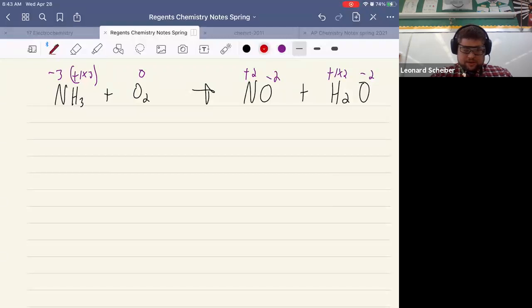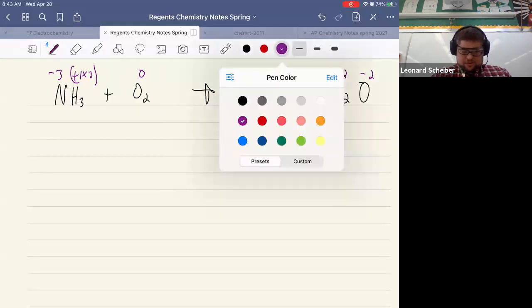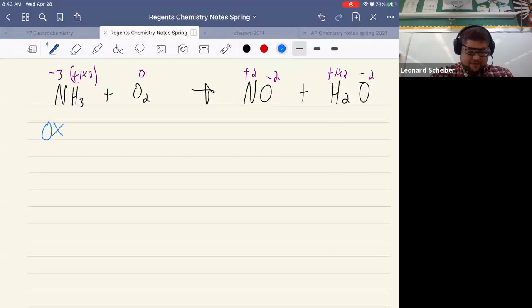So we can see here we have oxidation, we have reduction. So our oxidation half reaction, we have N going from -3 to +2. That sounds like oxidation to me.